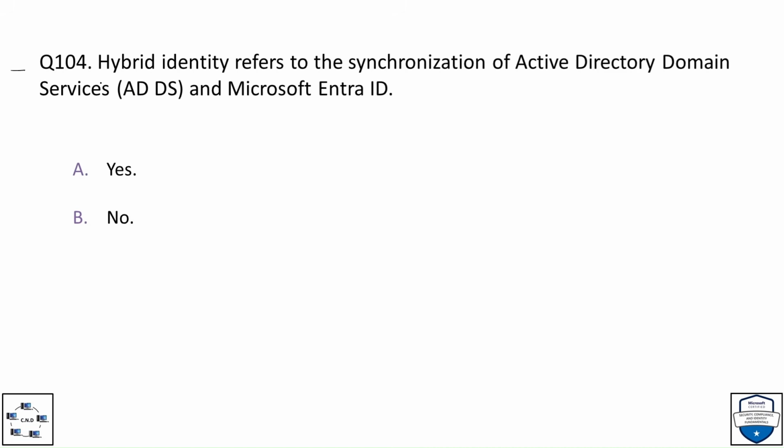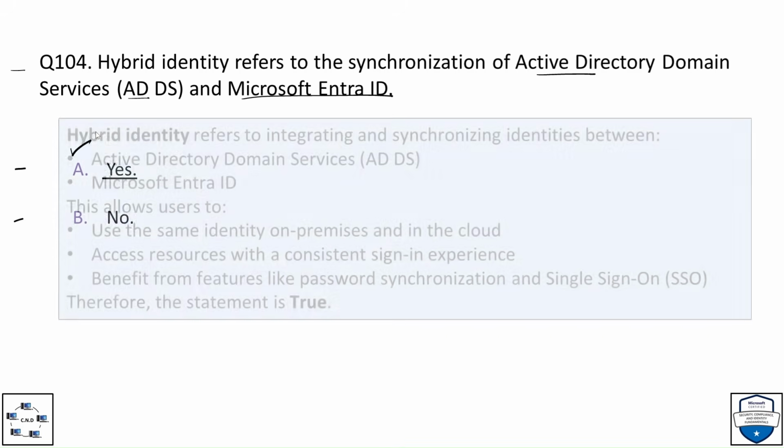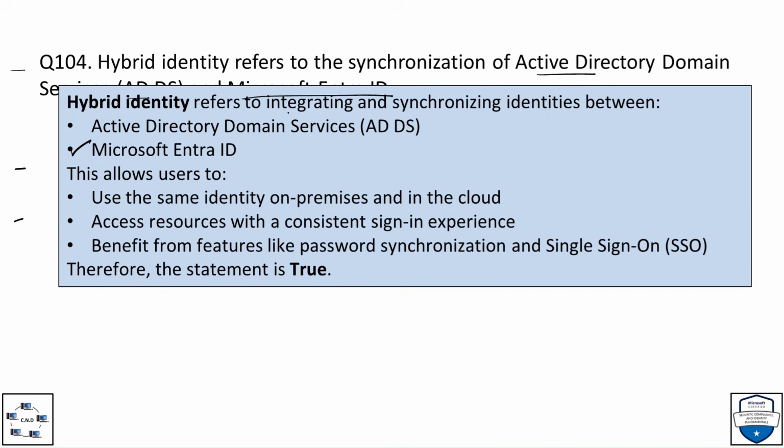Question number 104: hybrid identity refers to the synchronization of Active Directory Domain Services, that is ADDS, and Microsoft Entra ID. The options are again option A, yes, and option B, no, and the correct option is option A, yes. Hybrid identity refers to integrating and synchronizing identities between ADDS and Microsoft Entra ID.